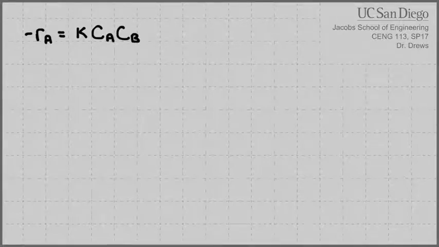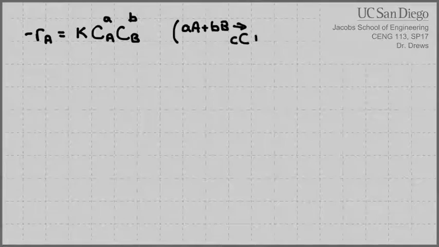And we saw that the general form for that A plus B goes to C plus D form was minus r sub A is equal to some coefficient lowercase k times the concentrations of your reactants raised to whatever their stoichiometric coefficients are, A and B. Remember, this was generally for aA plus bB goes to cC plus dD.